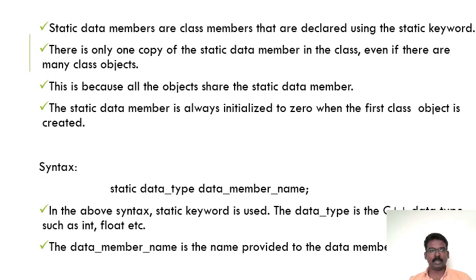So even though there are different number of objects for a particular class, each and every object cannot have a separate copy of the static data member. Just like a function of a class, only one copy will be maintained, so that can be accessed by the objects of the class.